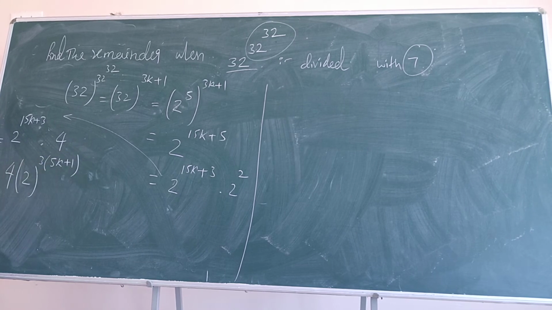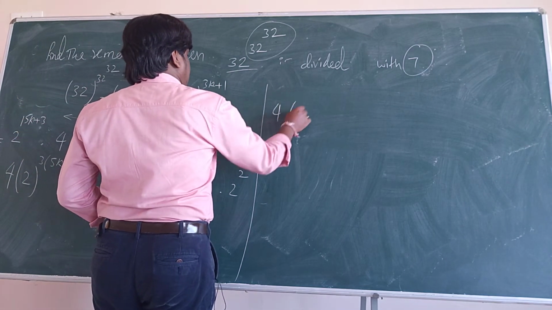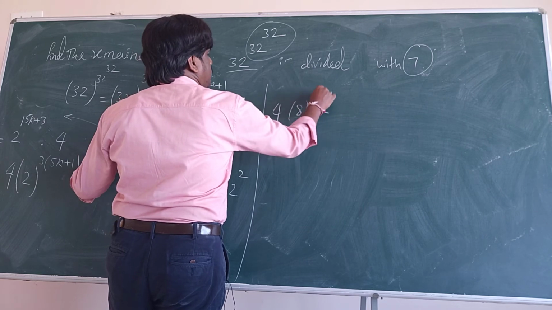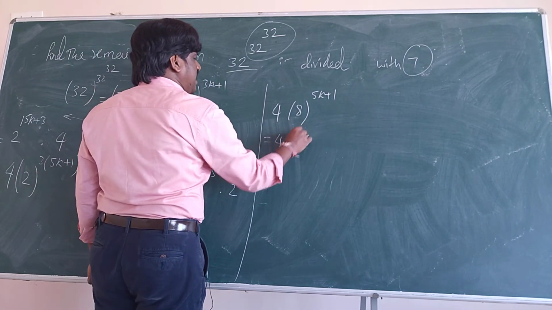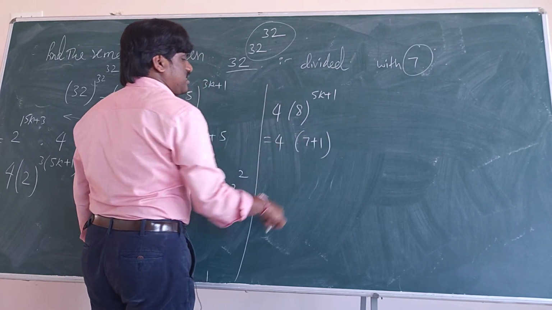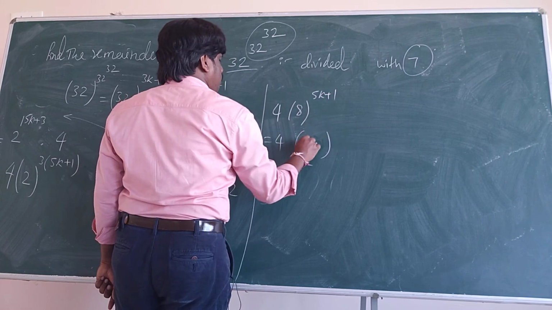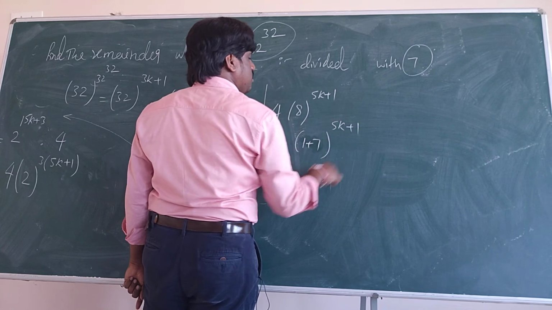Correct? So 2 cube is 8. So 4 into 8 to the power of 5k plus 1. Now 4 into 8 I can write as 1 plus 7, so 1 plus 7 to the power of 5k plus 1.